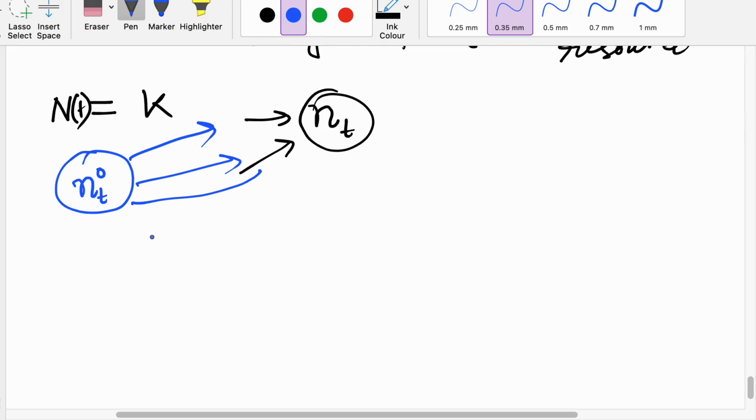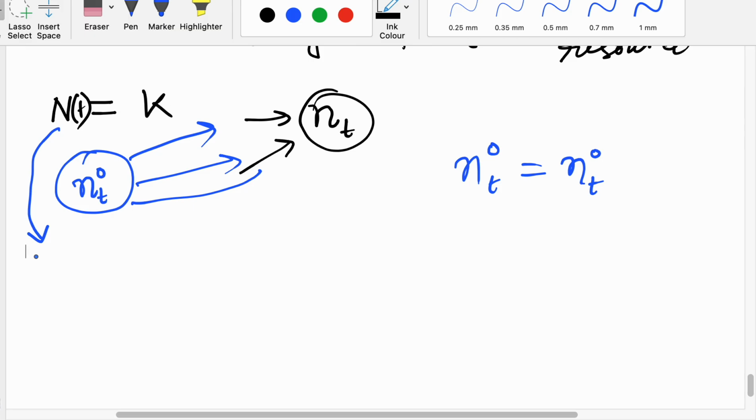If the same amount of individuals die as are newborn, then we can say that n_t old equals the newborn individuals. So that means at that point of time the number of individuals who die in the population will be equal to the number of individuals who are born at that time.